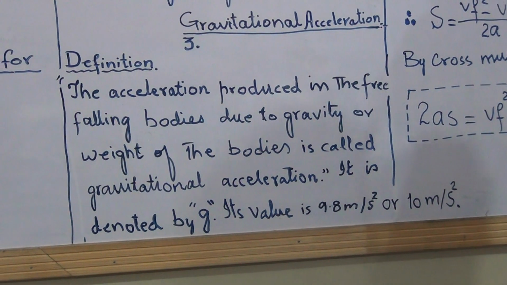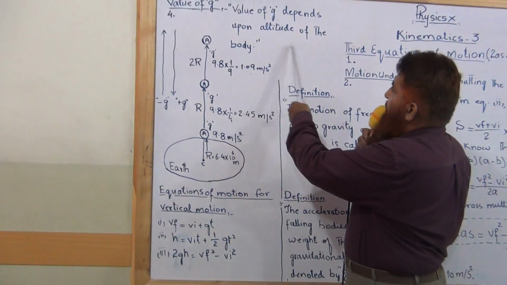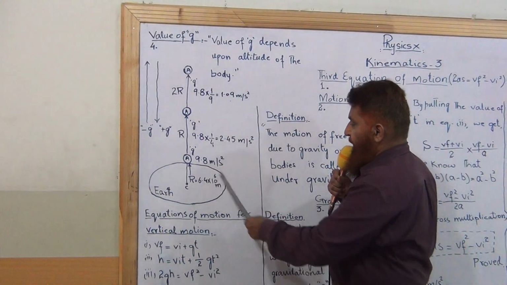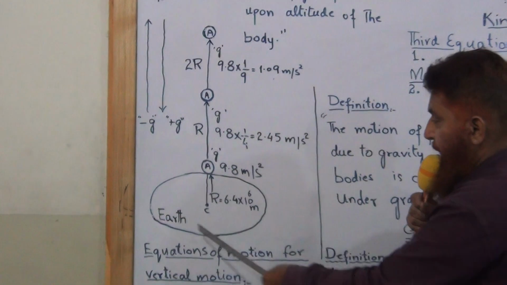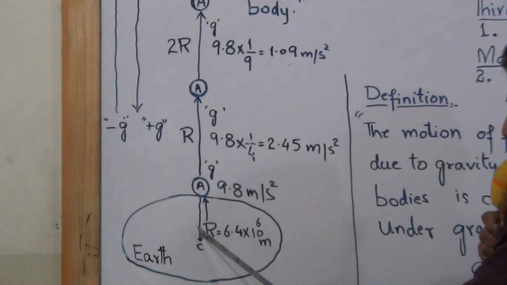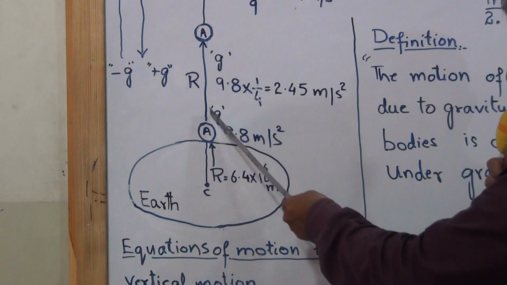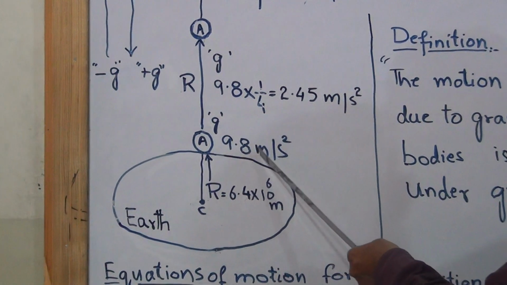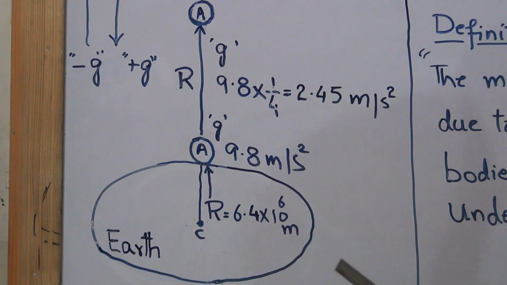So we come to the value of g. The value of g depends upon the altitude of the body from the surface of the earth. As in this diagram, and you have to draw this diagram. In this diagram, this is the earth, the center of the earth, and this one is the radius of the earth. If the body is on the surface of the earth, its value is 9.8 meter per second square.